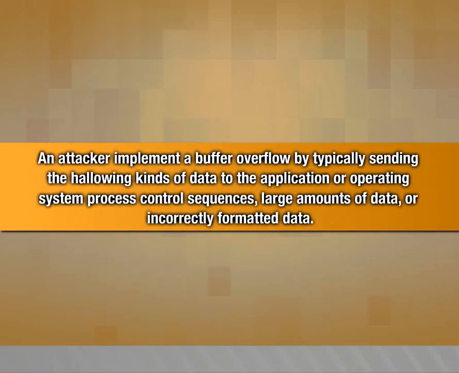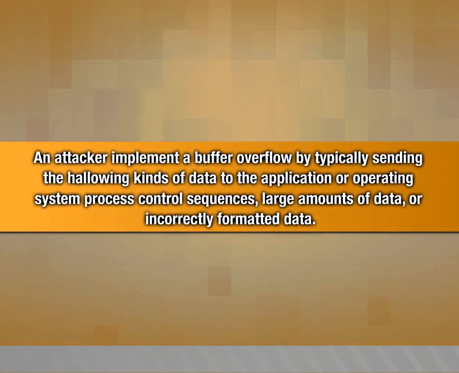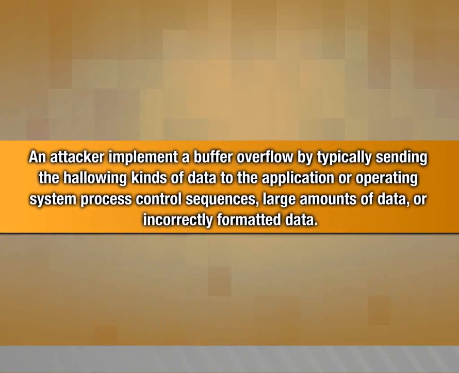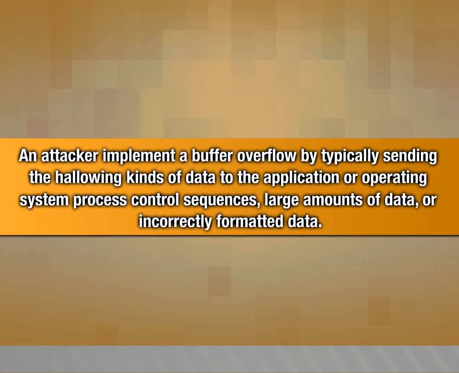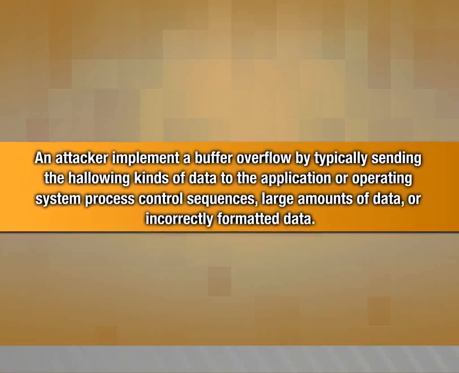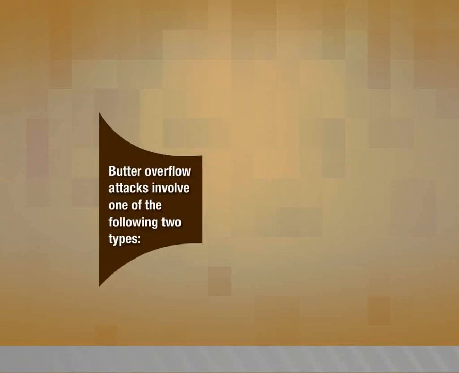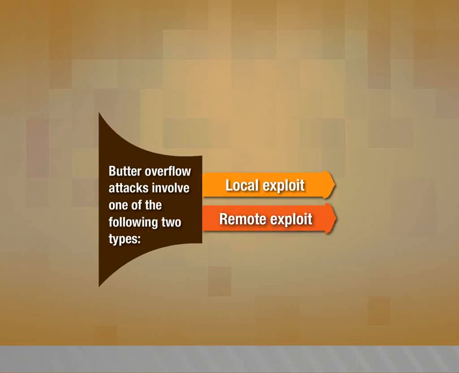An attacker implements a buffer overflow by typically sending the following kinds of data to the application or operating system process: control sequences, large amounts of data, or incorrectly formatted data. Buffer overflow attacks involve one of the following 2 types: local exploit, remote exploit. Local exploit.